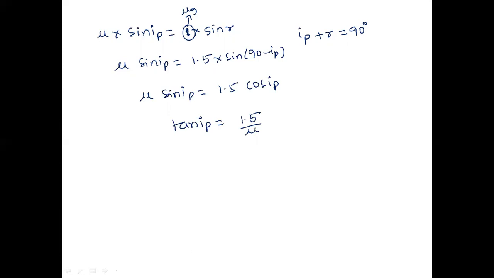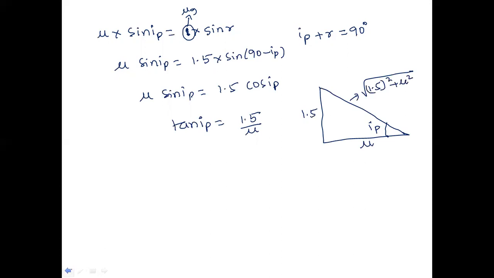From this, put the triangle. This is 1.5, this is mu, and here it is IP. So hypotenuse means under root 1.5 whole square plus mu square.